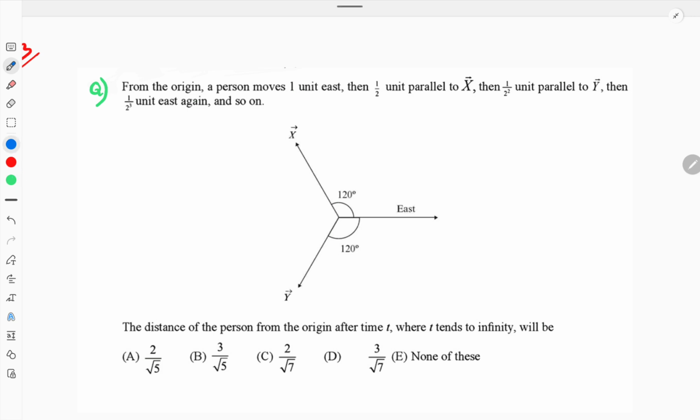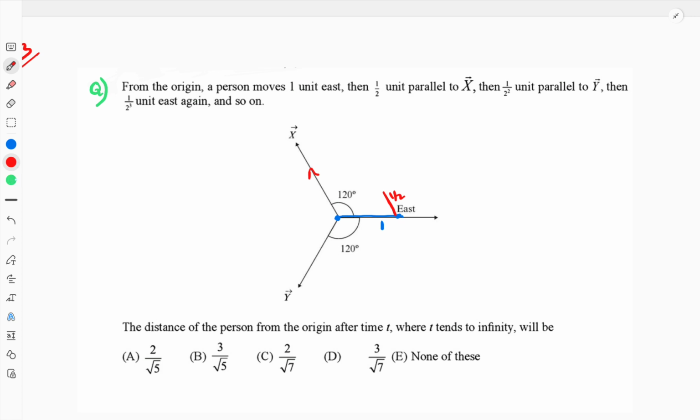Initially there is a man standing at the origin. He moves one unit towards east, and after that he takes a turn of 120 degrees in the anti-clockwise direction, and he moves 1 by 2 units parallel to this x bar given. This x bar is not the x axis, it's a name given to the ray.